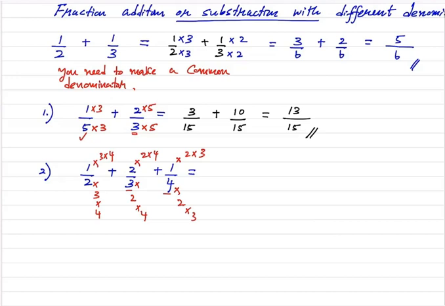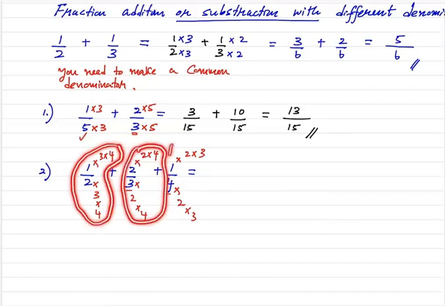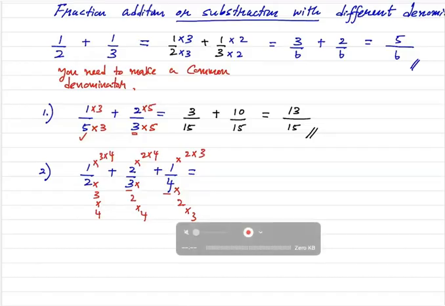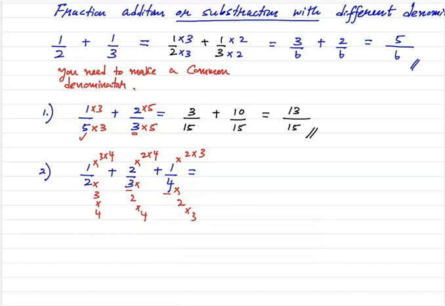Now if you do so, you are going to simplify this, and this, and this. Here 2 times 3 times 4 is going to be 6, 6 times 4 is going to be 24. So I'm going to have 24 here.